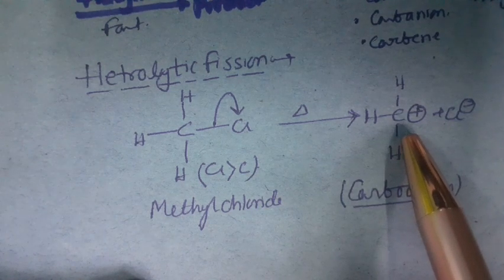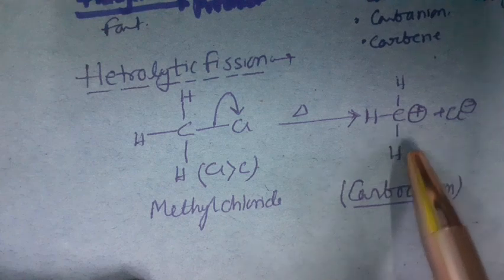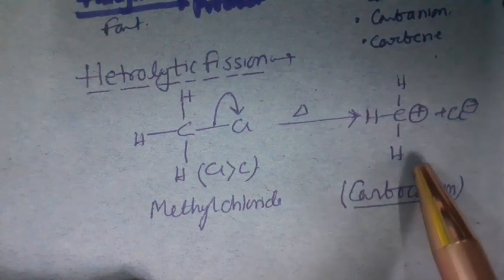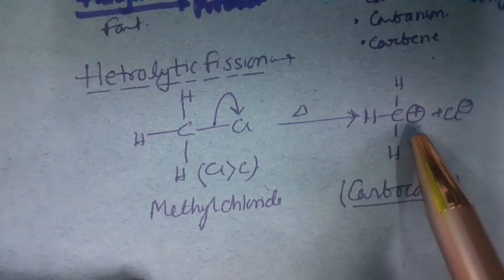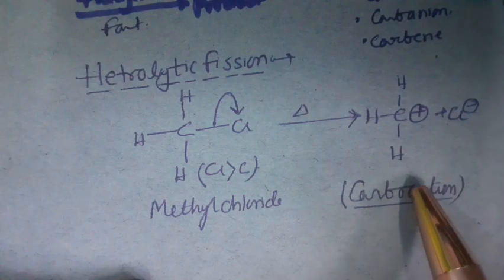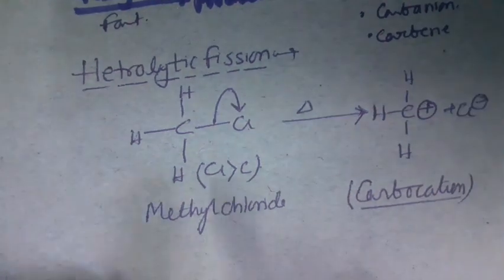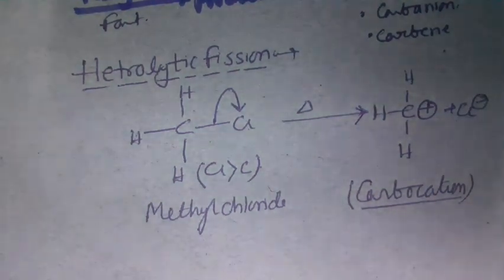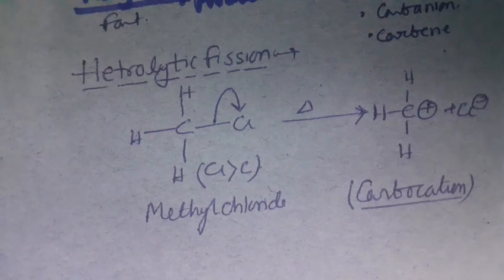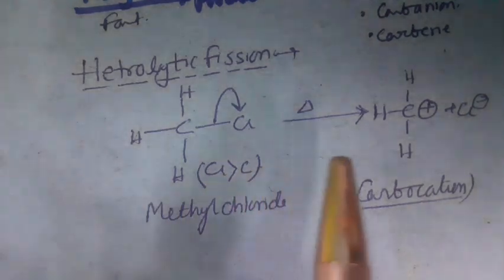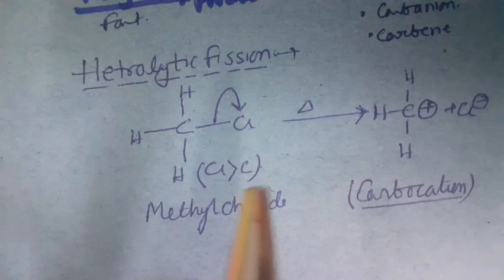If the carbon atom acquires a positive charge, then it will be a carbocation, but if it acquires a negative charge, then it will be a carbanion. So two different types of bond fission take place in any organic reaction by the reactant molecule, due to which it results in the formation of a highly reactive reaction intermediate.